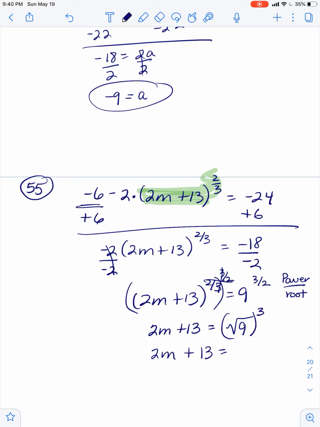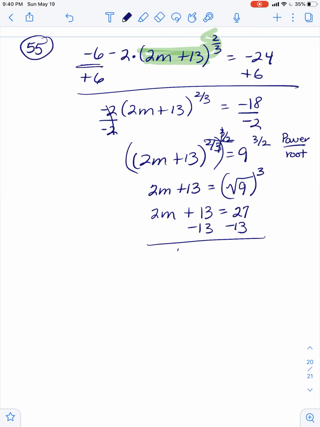Okay, so the square root of 9 is 3, and 3 cubed is 27. Slide this on up. So 2m equals 14, divide by 2, m equals 7. Okay, so that's how those would work.